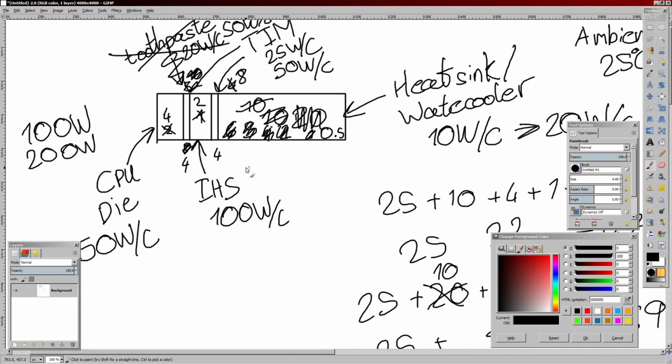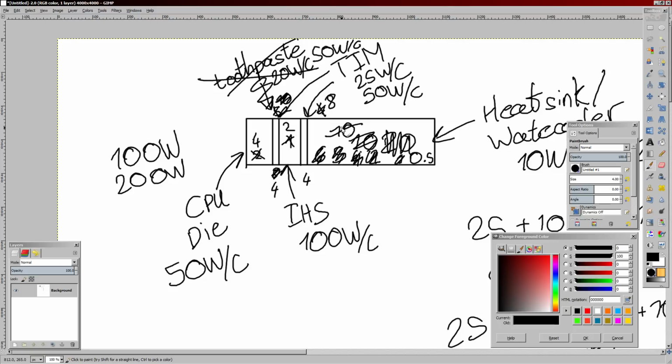But it can get better. An alternative solution would be, let's say we don't want to use liquid metal, we still want to rely on good old regular thermal paste. Well, let's go back a bit. So we're on our toothpaste, right?